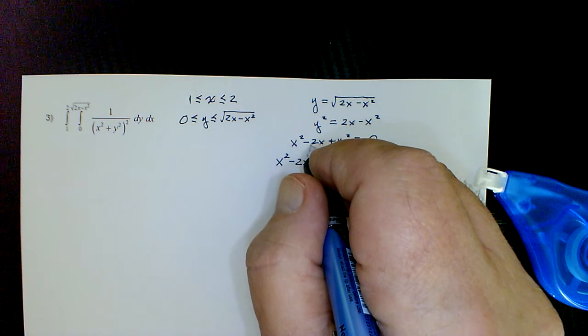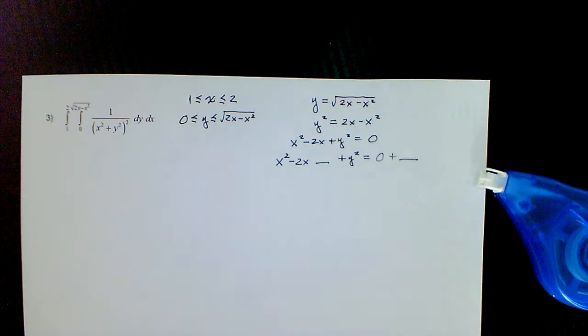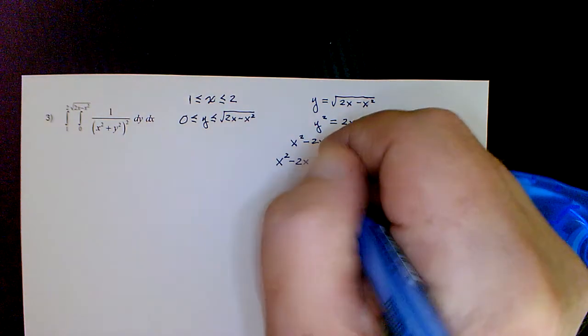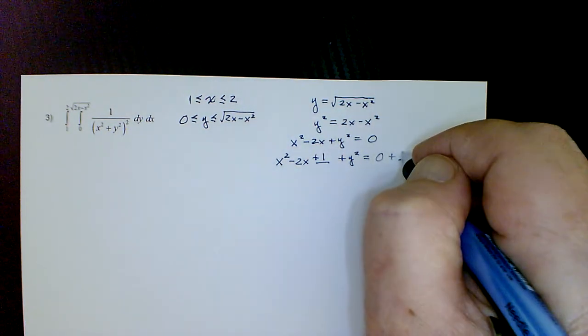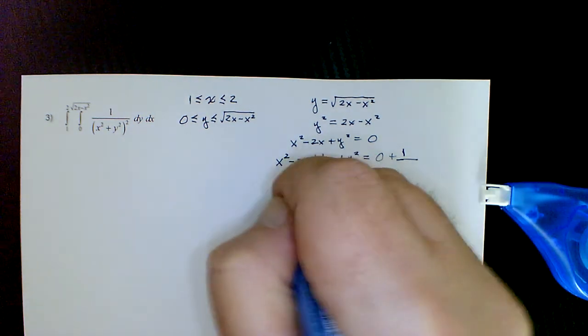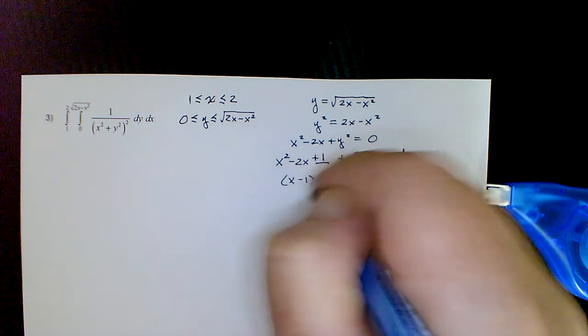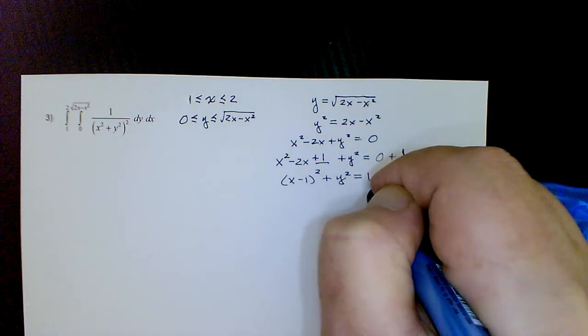So half of negative 2 is negative 1, and then negative 1 squared is positive 1. So if I add 1 to that side, I have to add 1 over here. And then this can be expressed as x minus 1 quantity squared plus y squared equals 1.